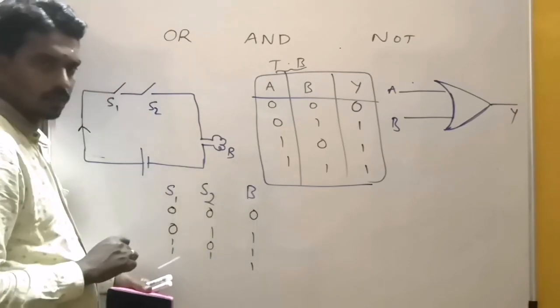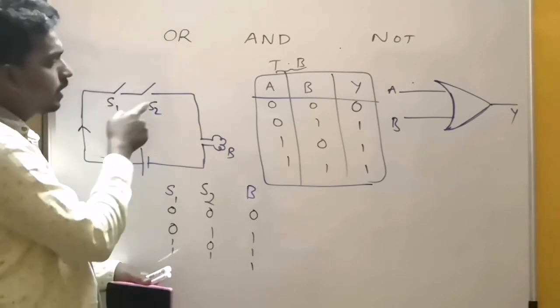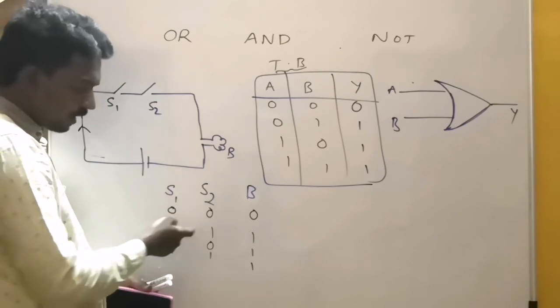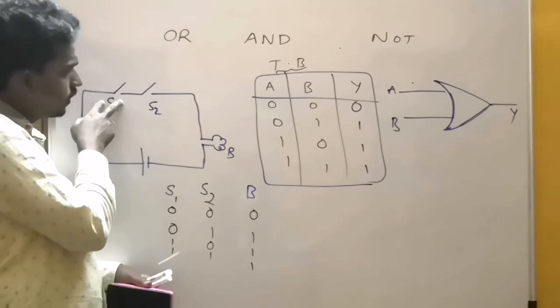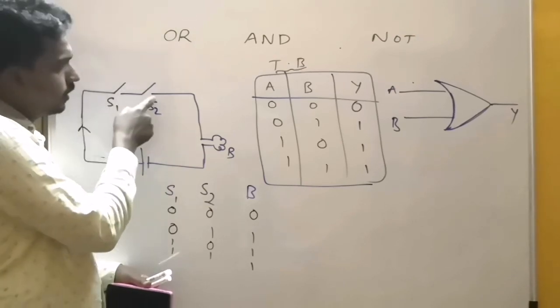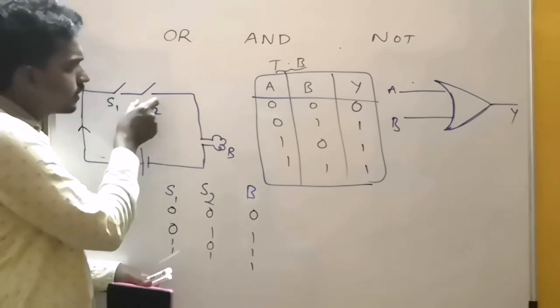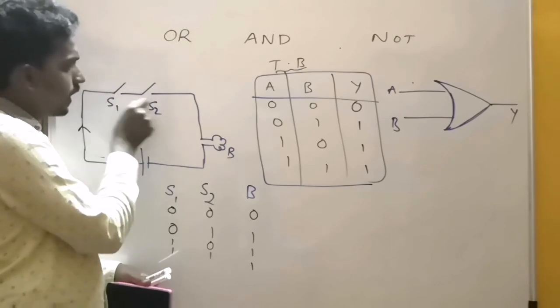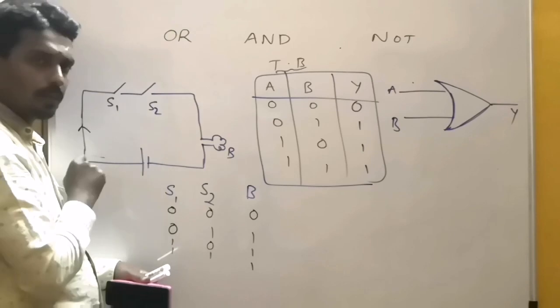Output is 0. But if you close S1 or if you close S2, any one, means 0, 1 or 1, 0: if you close this, current will flow only up to this, because this is open. So it will not complete. If this is open and this is closed, then current will not flow here, because it is not completed.